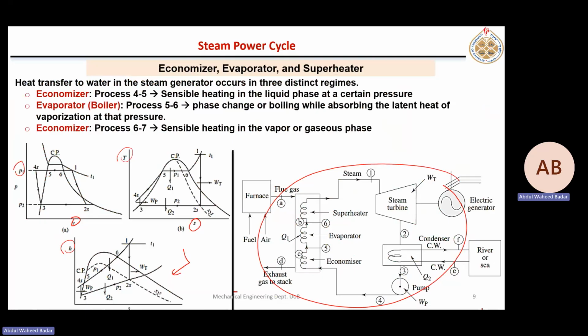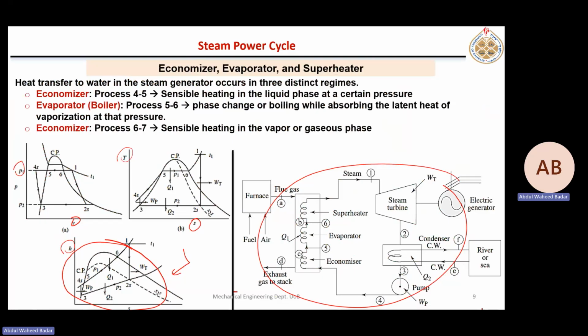Save your time means no need to see the tables, do interpolation. Directly use this chart because you have already learned how to use that table, how to do interpolation. No need to do interpolation in this course. Just use this chart, HS chart. So we'll see that chart. Let's see if you can understand the processes.